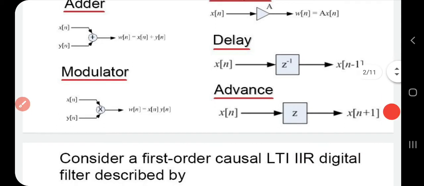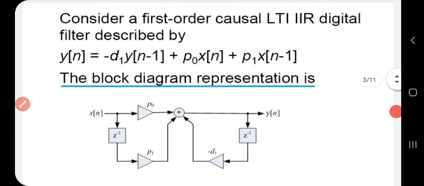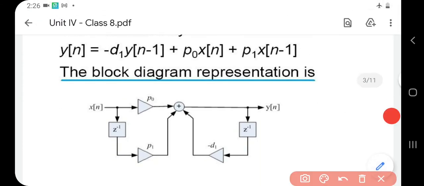Now based on the symbols, suppose you are given an equation like this. How will you draw a corresponding figure that represents this? x of n is the input, y of n is the output. First of all, you see here x of n is delayed by z raised to minus 1.